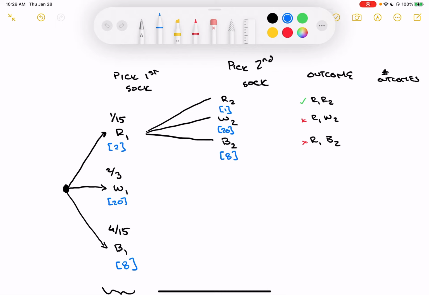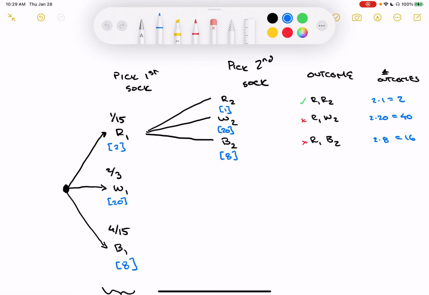So the number of outcomes there is 2 times 1, which equals 2. For a red and a white, there are 2 ways to get the red and 20 ways to get that white. So 2 times 20 is equal to 40 outcomes possible in that way. And the last one, red followed by a blue, is going to be 2 times 8, which gives me a total of 16 outcomes.